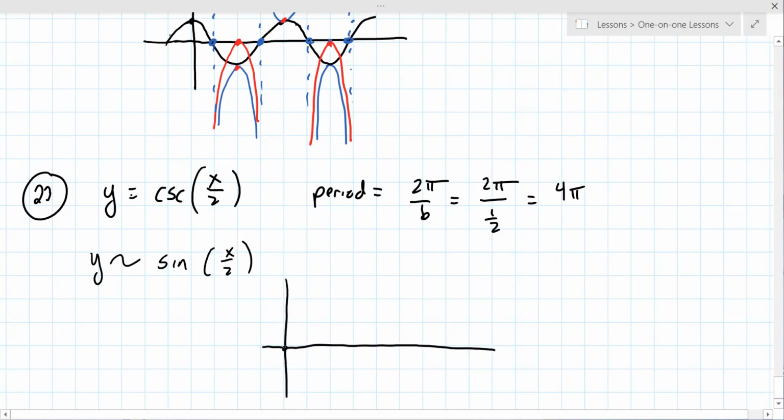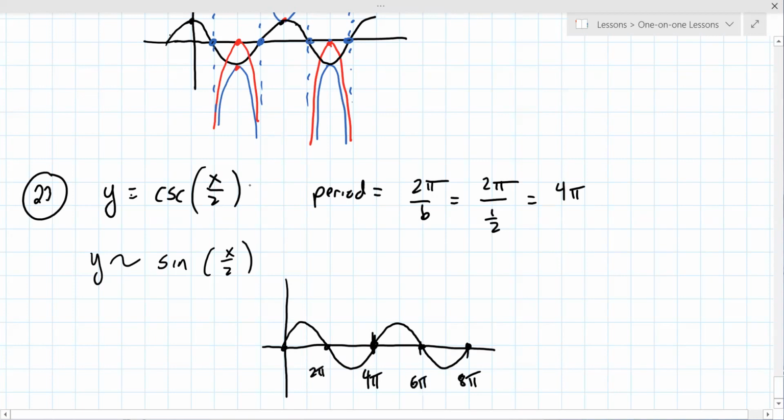sine starts at 0, goes up, down, comes back up. With cosecant and secant, you have to draw more than 1 period. So it comes back up. Now the issue is, where's this 4 pi? This 4 pi is out at 1 period. So that's 4 pi, and this is out at 8 pi. And then this is at 6 pi, and this is at 2 pi.